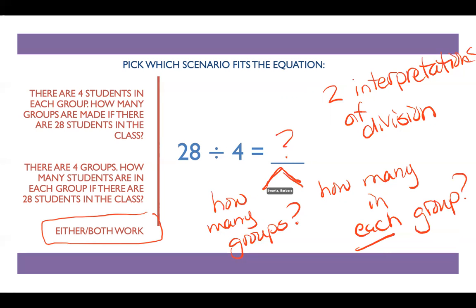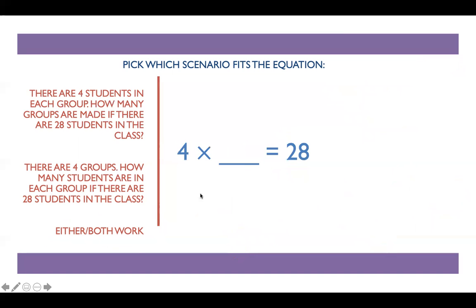With addition, there were multiple ways to think about it. Subtraction: taking away, or the difference, the distance between numbers. Skip counting could be multiplication or repeated addition. Each of these operations has more than one way of thinking about it. And with division, we have exactly 2 ways. They come from this idea that in multiplication, we can think about the number of groups, and then how many is in each group.